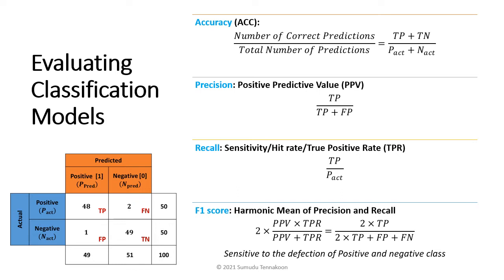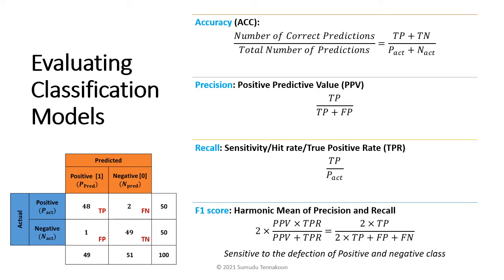Then let's look at precision. We also call it positive predicted value, or in short form PPV. Precision is an important thing depending on the business use case. It will tell you, if you predicted some number of records as positives, what is the ratio of the good positives from the total number of predicted positives.